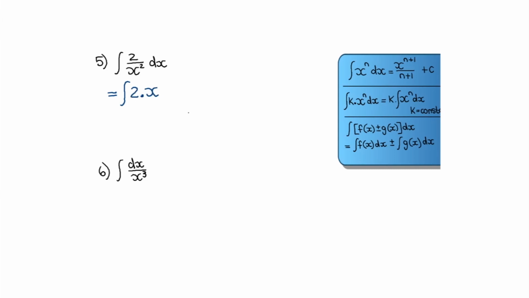So it's going to be the 2, which I can write down. I can integrate this x to the power negative 2 using that first rule of integration. So I write down what I have, I add a 1, and now I have to divide by this new exponent, which is negative 1. Remember to say plus a constant. So what do I have? Positive and negative is negative 2, x to the power negative 1 plus the constant.